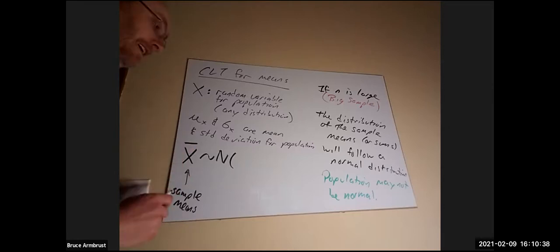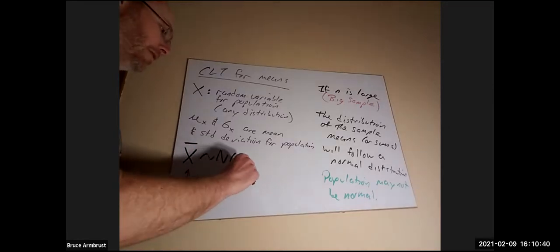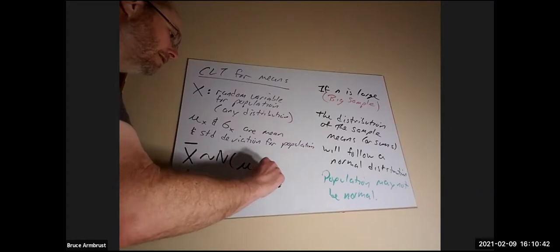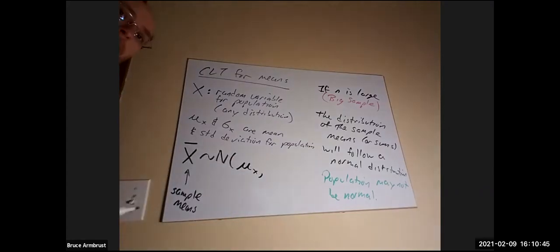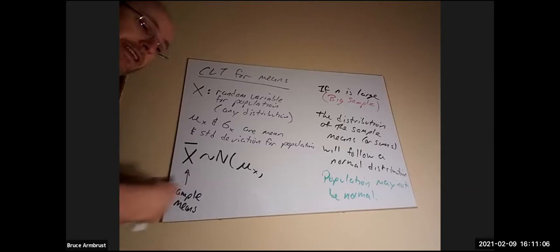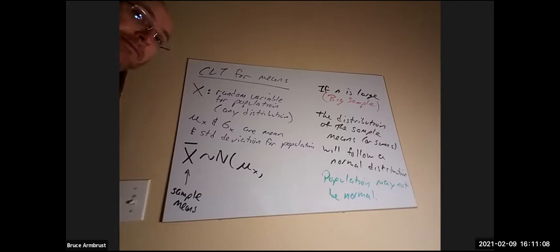Well, this is actually kind of nice. It turns out that the mean is still the same. If we go out and sample 25 adult males and get their average height, that distribution is going to be such that the average height from the samples is the same as the average height of the original population.